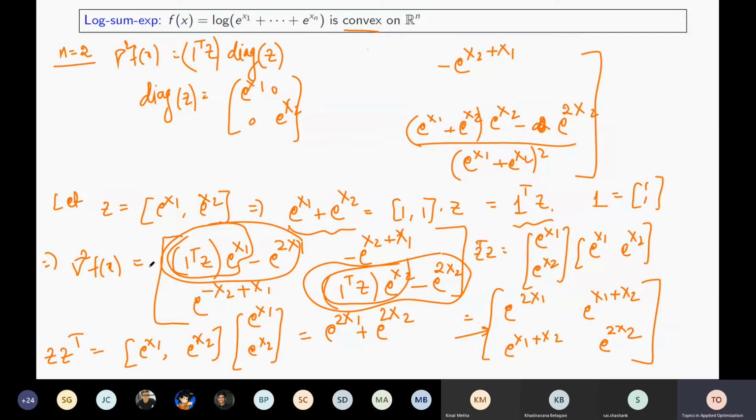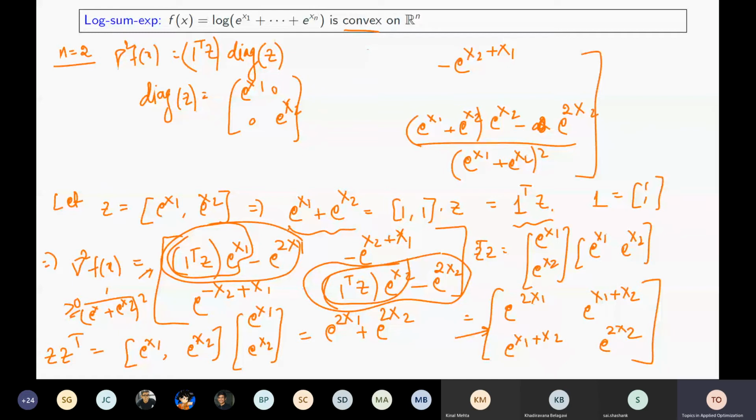The denominator was 1 by (e to the x1 plus e to the x2) whole square, so this is always greater than 0. We can forget about that. It doesn't harm us when we are proving the positive definiteness.